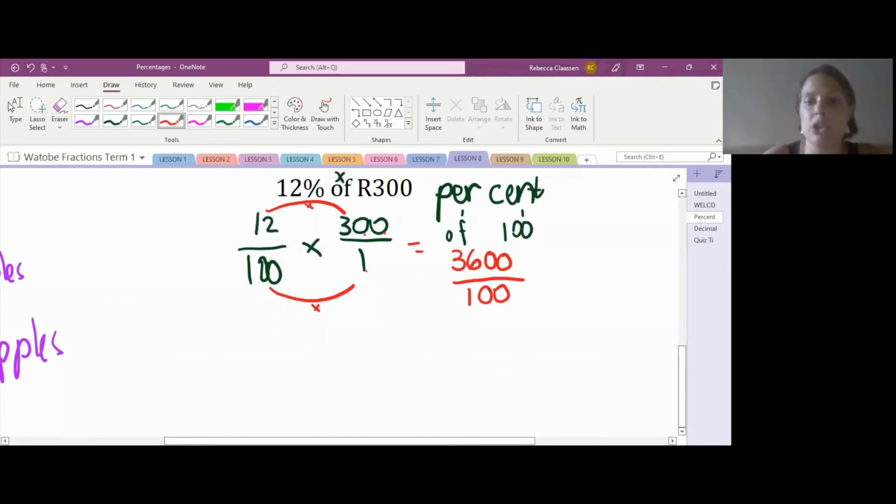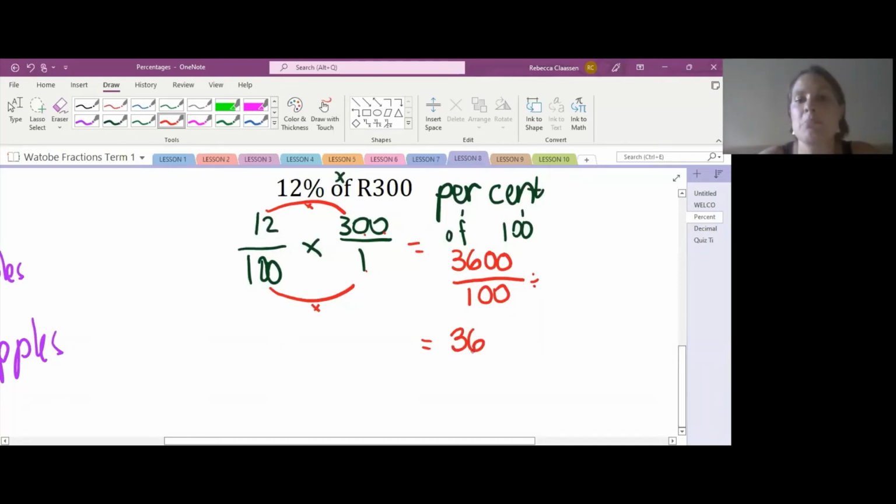Now what I can do is I can use my calculator and I can type in 3,600 divided by, because that fraction line means divided by 100. And if I use my calculator, it's going to tell me 3,600 divided by 100 is 36.